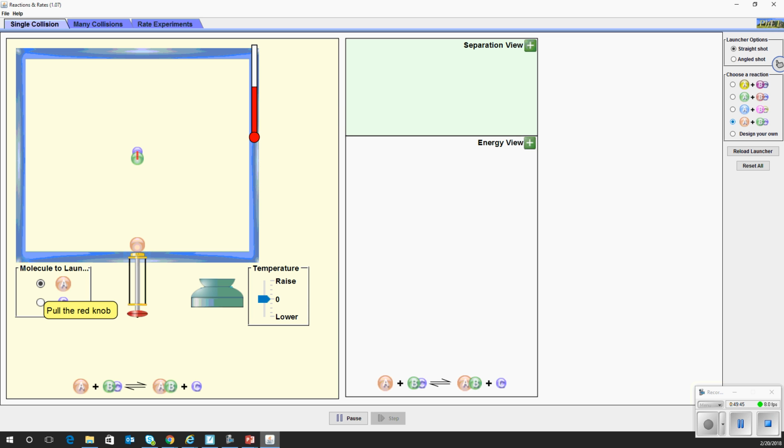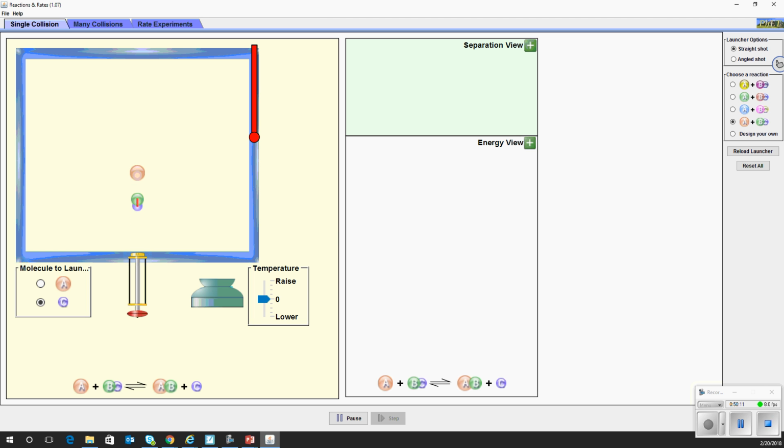You can reload your launcher. You can actually launch things into there, see what happens. You can raise the temperature. You can lower the temperature by putting ice in and see what happens. You can add more molecules to launch. You can launch something different and see what happens. I want you to just play with it and see what you figure out from it.